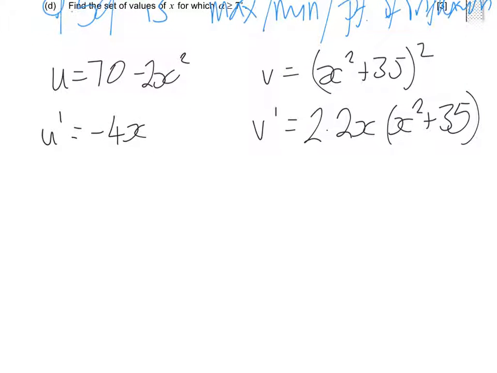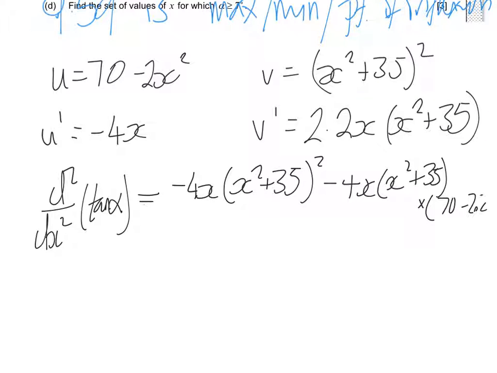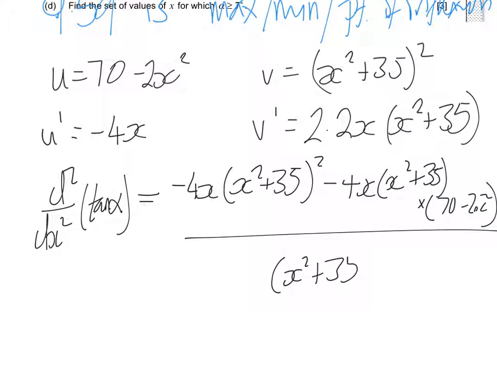So sticking that into the quotient rule, d2 by dx squared of tan alpha is equal to v du by dx, minus 4x times x squared plus 35 squared, minus u dv by dx, 4x times x squared plus 35 times 70 minus 2x squared, all over v squared, x squared plus 35 to the 4.